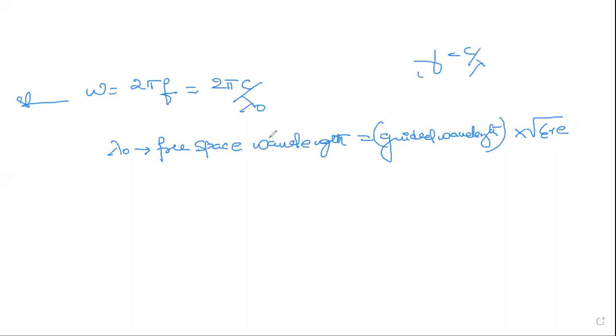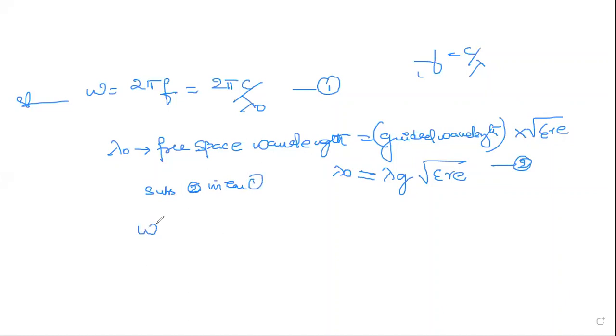Lambda naught is the free space wavelength, which is the product of the guided wavelength, lambda G, and the square root of the effective dielectric constant, that is square root of epsilon Re. Consider this as equation 1 and this as equation 2. Substitute equation 2 in equation 1.